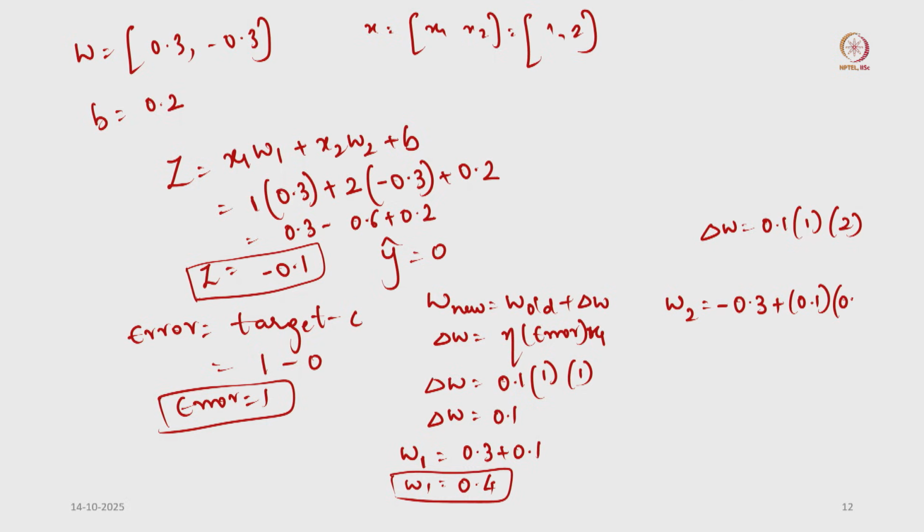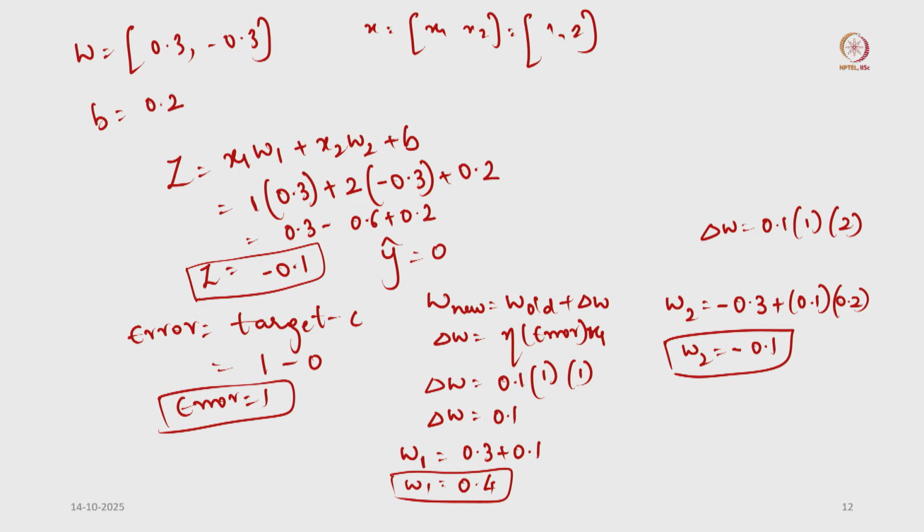I am sorry. So this entire delta W we are getting is 0.2. When you add it, W2 is minus 0.1. This is our W2 value.